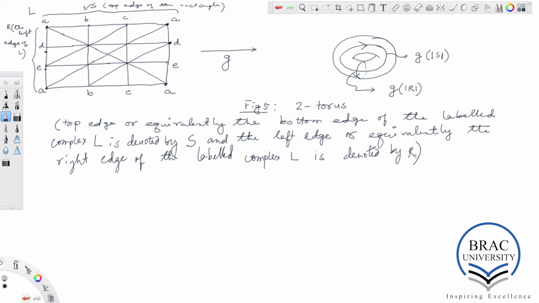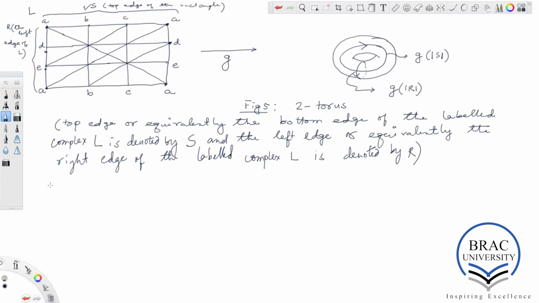Okay. All right. So now, here is the labeled complex L on the left of the figure, and the underlying space of this labeled complex. Once we have this labeling, it means that we are applying the gluing map automatically, because the labeling suggests that the gluing applies.